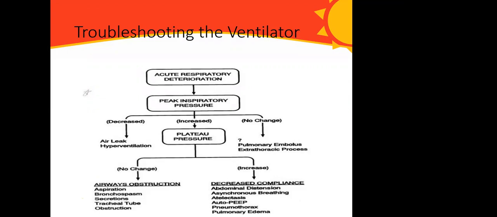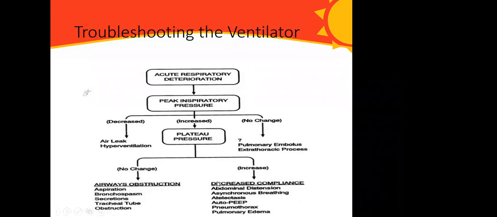But if the plateau pressure is increased, that is, you have more inspiratory than expiratory pressure, you want to look at abdominal distension that is causing splinting of the diaphragm, asynchronous breathing, airway collapse. The patient has developed auto-PEEP, pneumothorax, and all that.